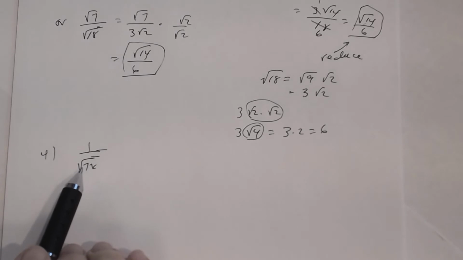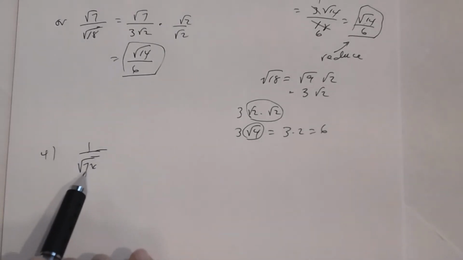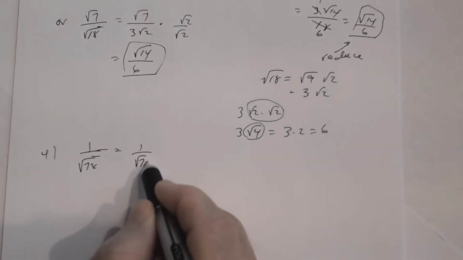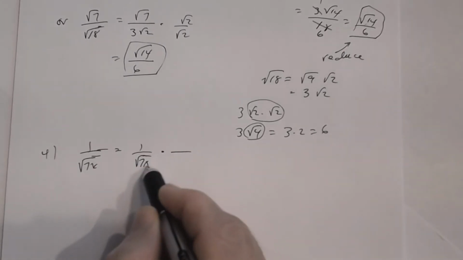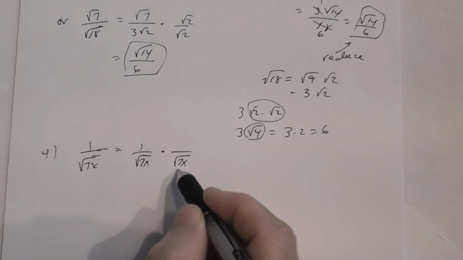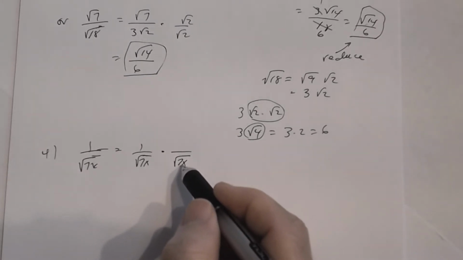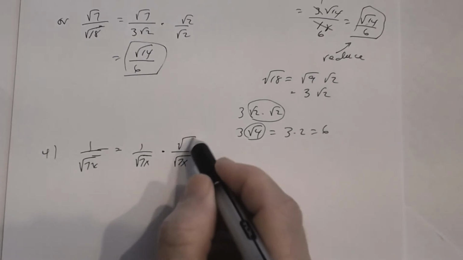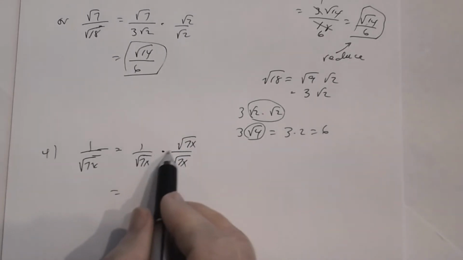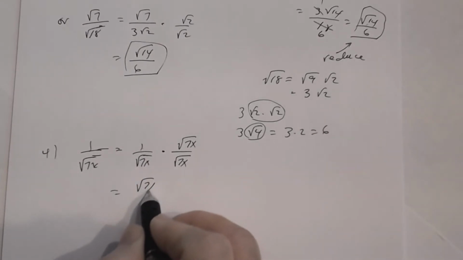So to make this a rational number, I'm going to multiply the denominator by that radical, square root of 7x. But what I do to the denominator, I do to the numerator. So then I get 1 times the square root of 7x is the square root of 7x.